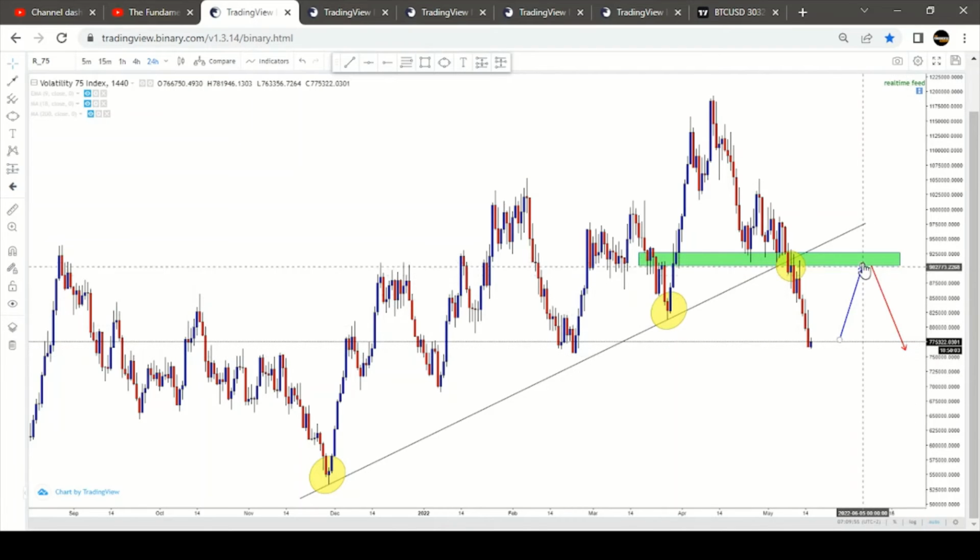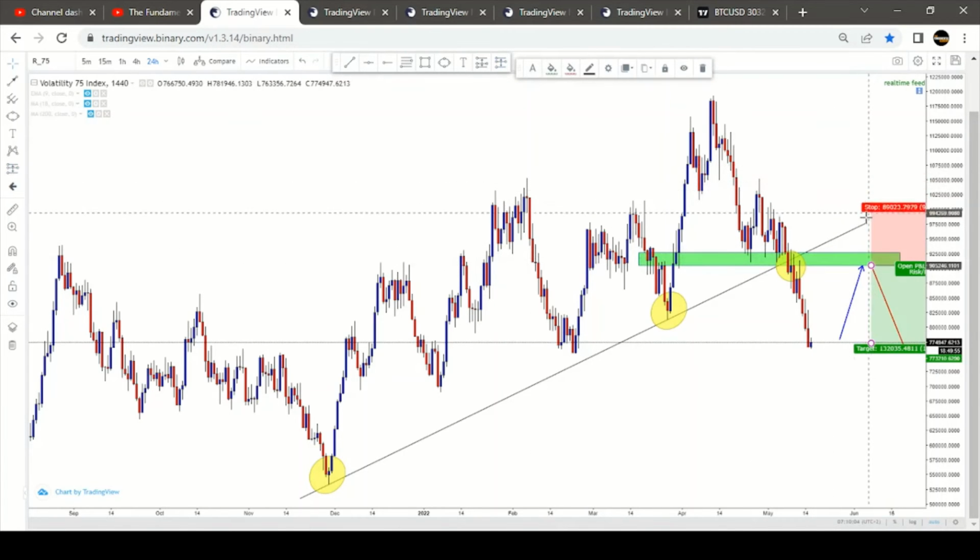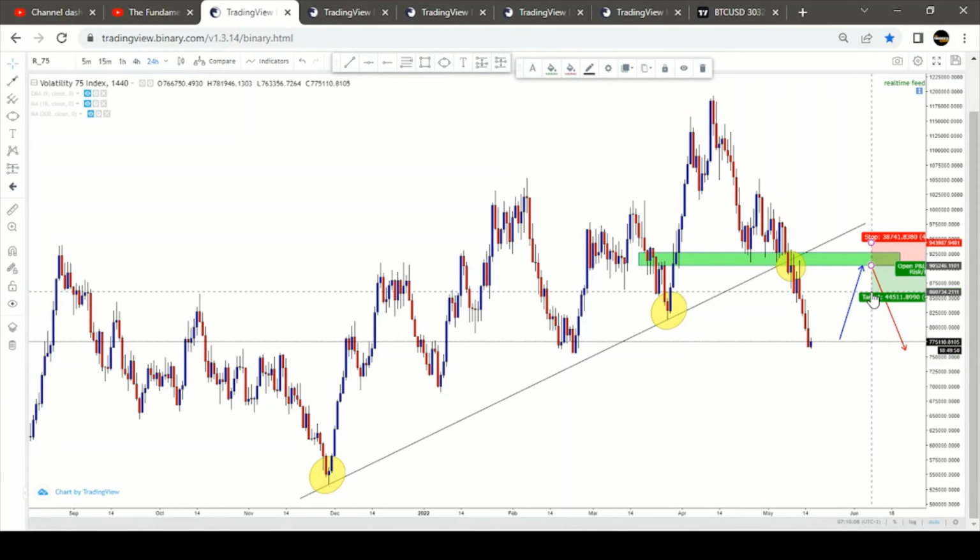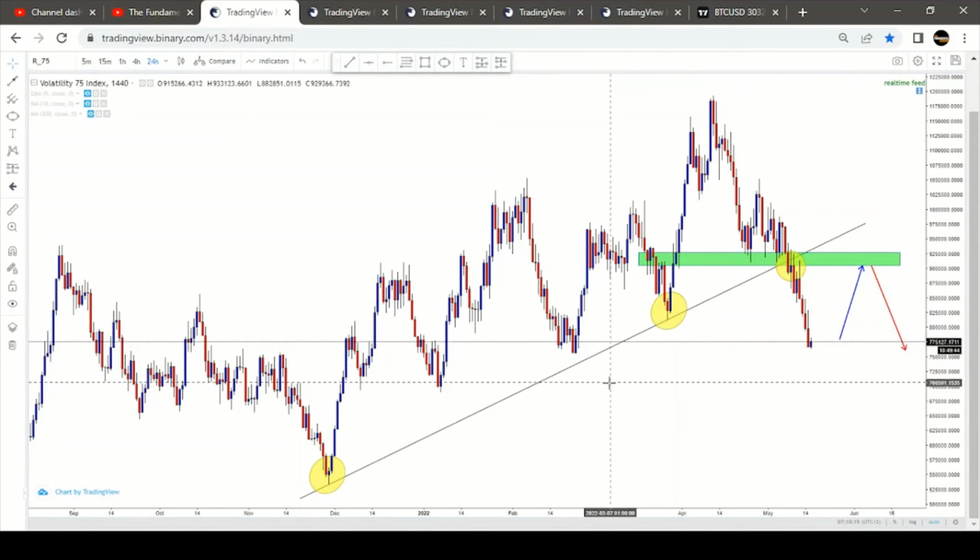Obviously, your take profit could be whatever you like. If you don't want to be long in the market, it will probably be a very short trade. Or if you're trading for the long term, you could set your take profit to whatever levels you prefer. But that is my outlook on Volatility 75.